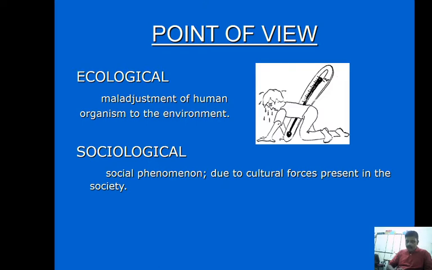For example, many diseases, especially malnutrition, are probably because of some social phenomena, like people might not have proper food to eat, or people have certain cultural forces which disallow them from eating certain things which are helpful for their growth, or certain cultural practices where people do not want to take any vaccine. These are some of the points of view, ecological and sociological, apart from the biological and the physiological that we really talk about.